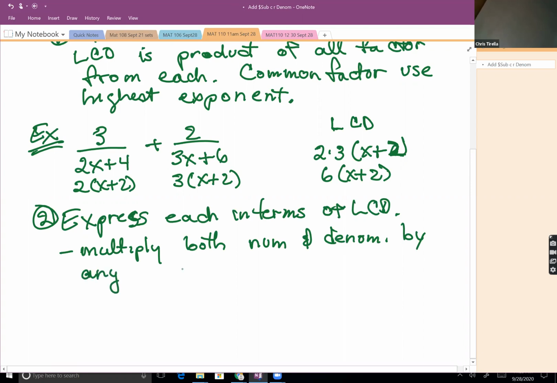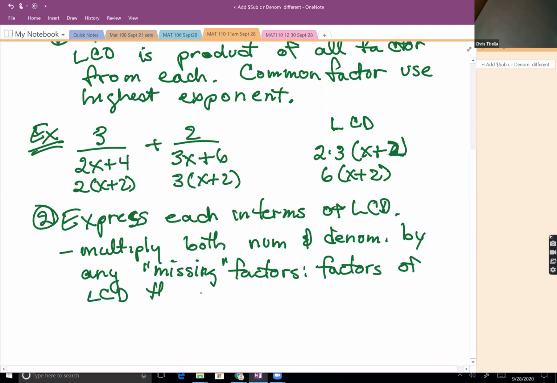By missing factors, I mean factors of the LCD that are not factors of the numerator.